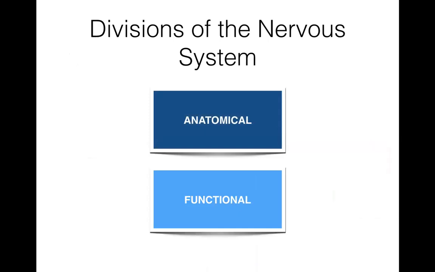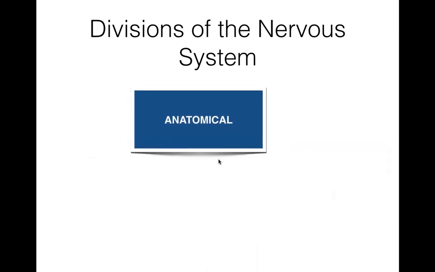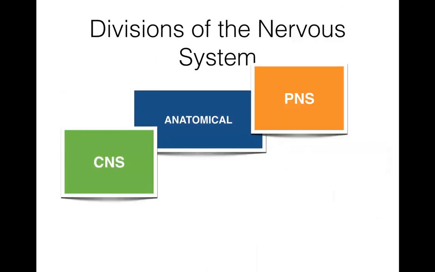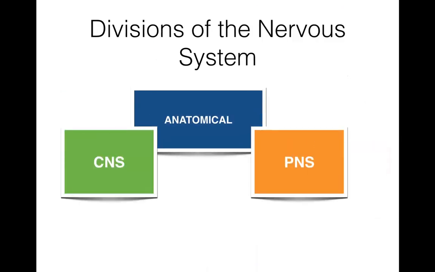Another means to divide the nervous system is using the anatomical basis. As always, we divide the nervous system into the central nervous system and the peripheral nervous system. So the question is, what are the structures that are considered to be part of the central nervous system, and what are the structures that are considered to be part of the peripheral nervous system?